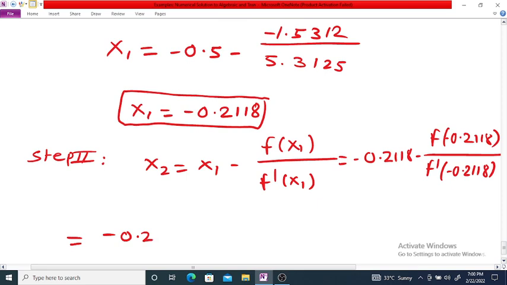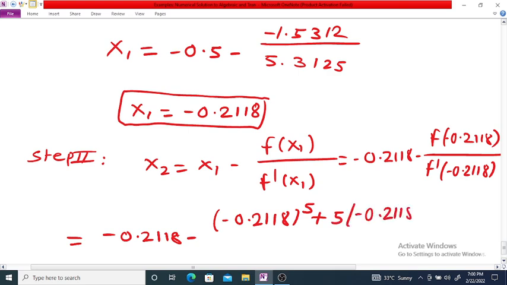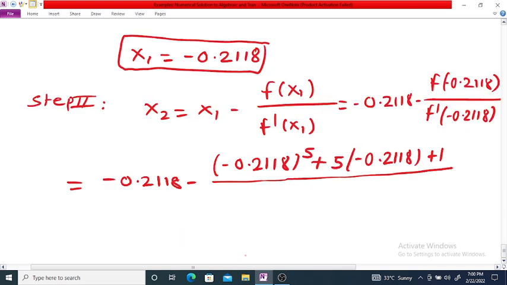What is f of x? X raised to 5 plus 5x plus 1. So that is minus 0.2118 raised to 5, plus 5 times minus 0.2118, plus 1, divided by f dash of x. So f dash of x is 5x raised to 4 plus 5, that is 5 times minus 0.2118 raised to 4, plus 5.